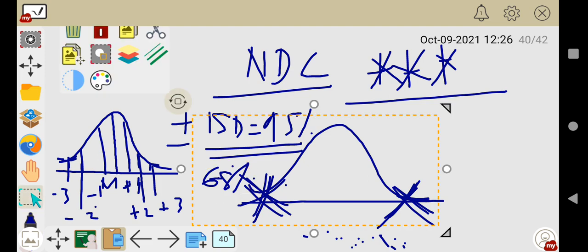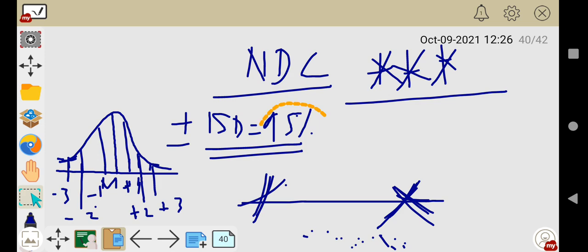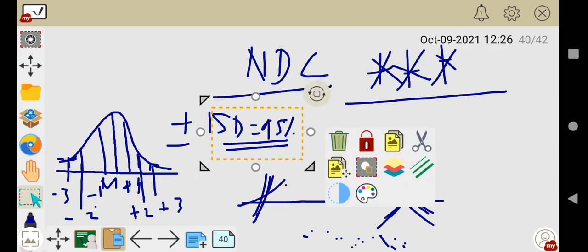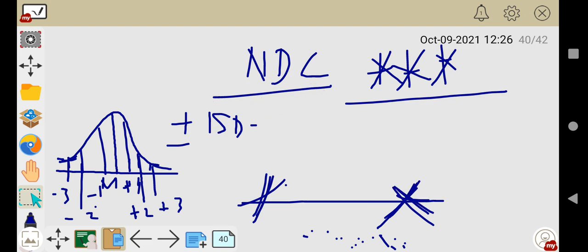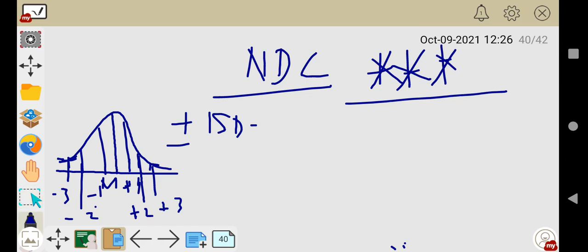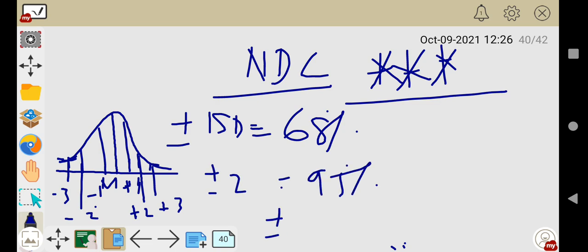One second, guys. For ±1 standard deviation it is 68%. Okay, for ±2 it is 95, and for ±3 it is almost 99%. Okay, 68, 95, 99. Yes, it's okay now, correct.